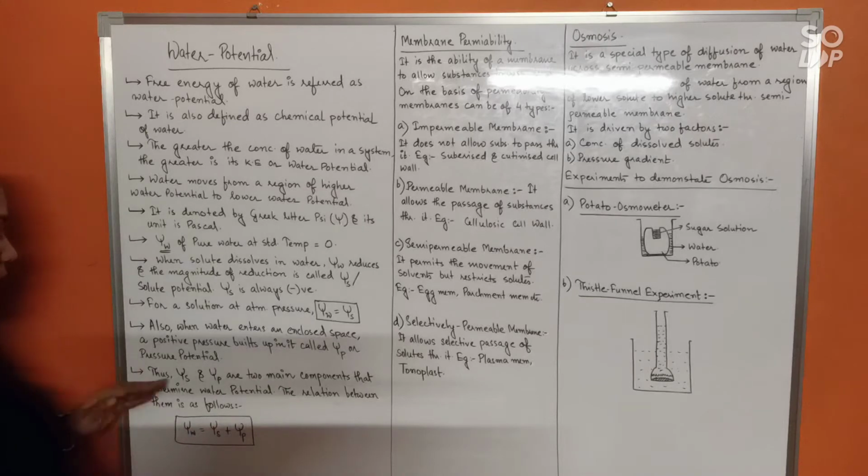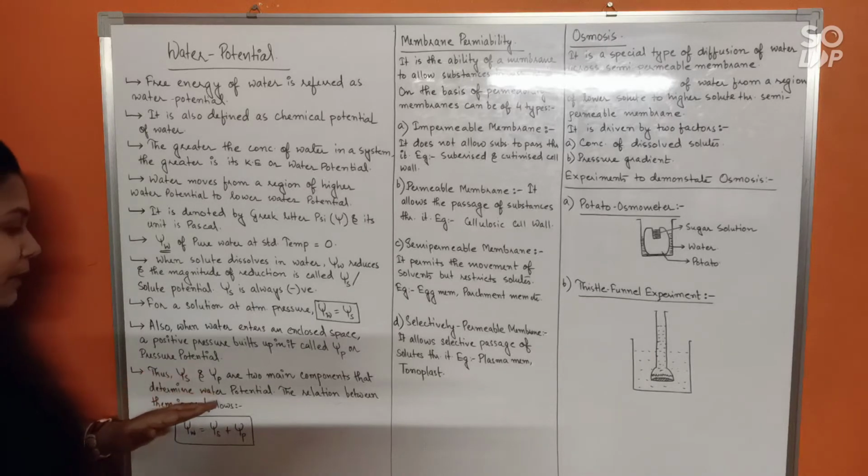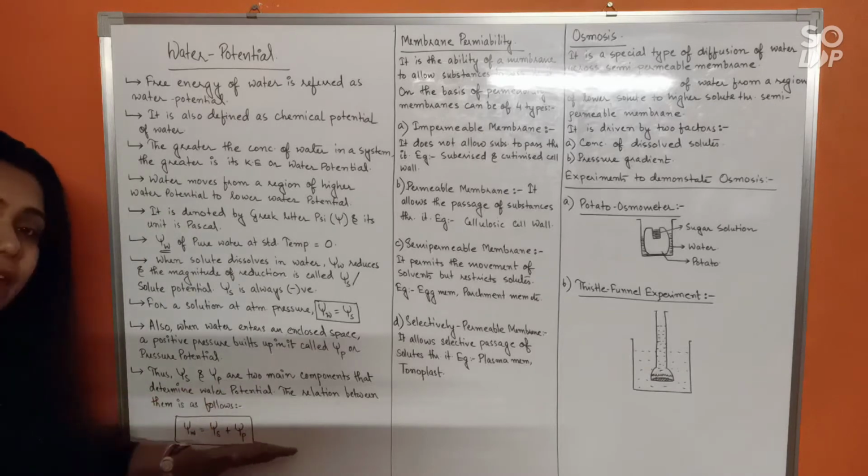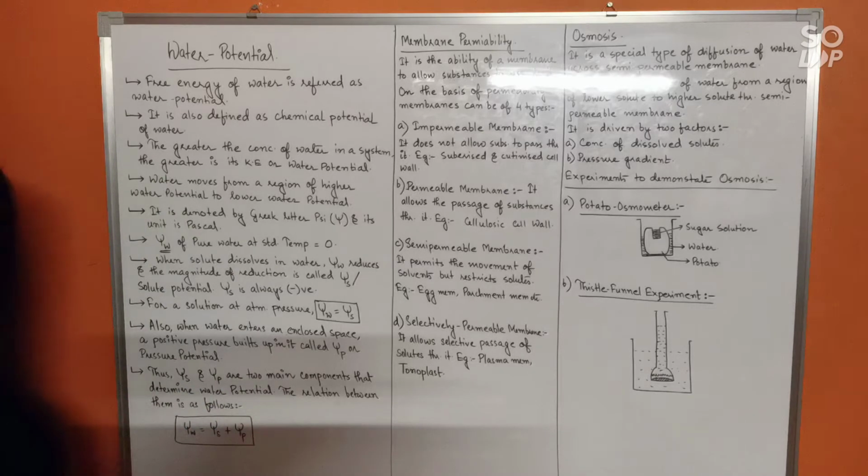Thus psi S and psi P are two main components that determine the water potential. Hence, they have a relation between them, that is, psi W is equal to psi S plus psi P. So, water potential is calculated as a summation of solute potential and pressure potential.